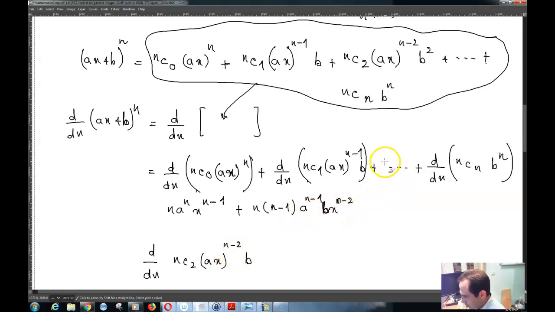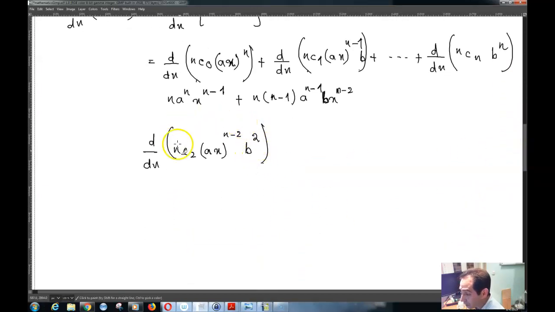And over here, the next term would be this thing over here. So you have n combination 2 a x raised to the power n minus 2 b squared, and you want to take the derivative of this. So you know that now n combination 2 is basically n factorial over n minus 2 factorial times 2 factorial, right?